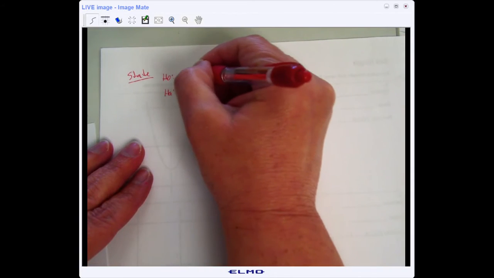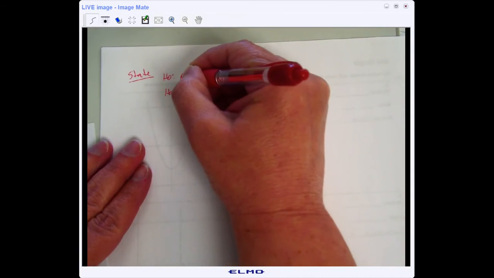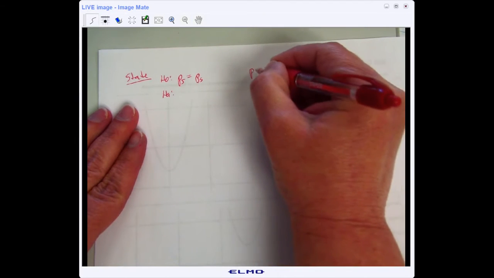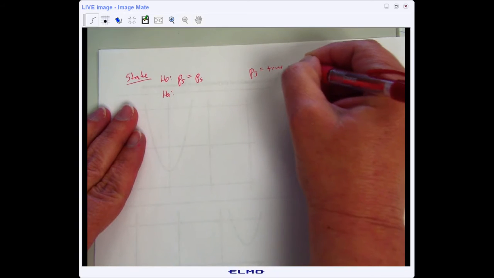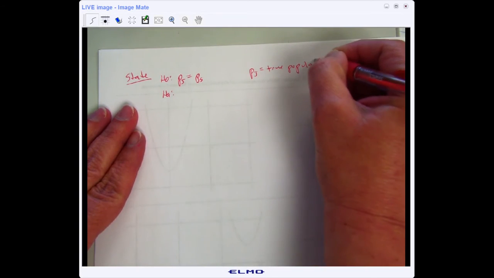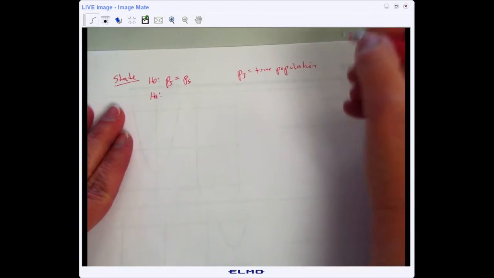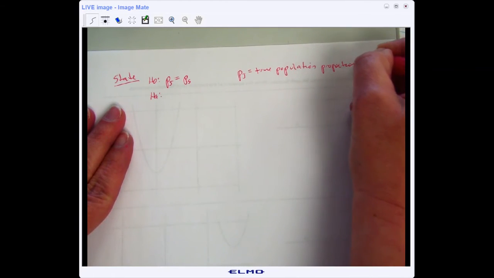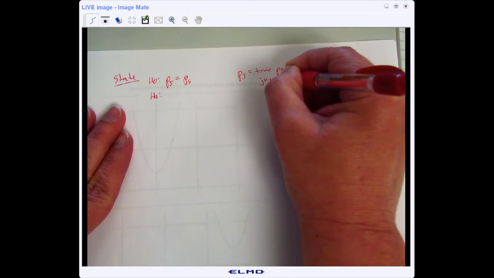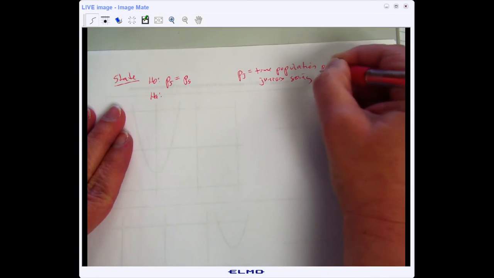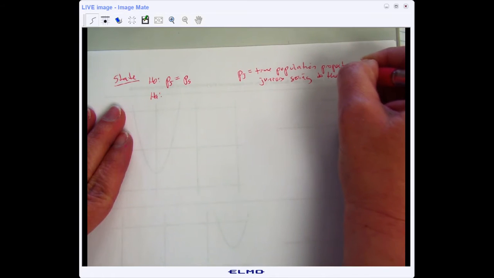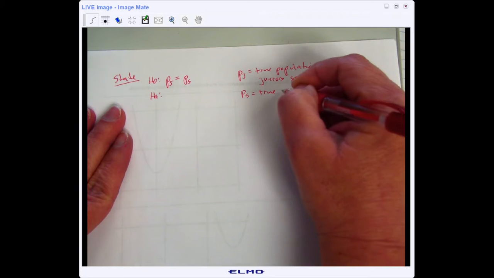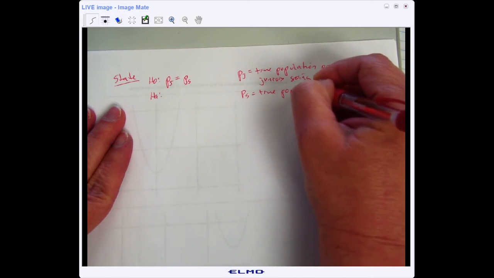So I'm going to have proportion equals proportion. I'm going to do proportion J equals proportion S, because what that means is proportion J is the true population proportion of juniors who are going to the prom, and P sub S is the true population proportion of seniors going to the prom.